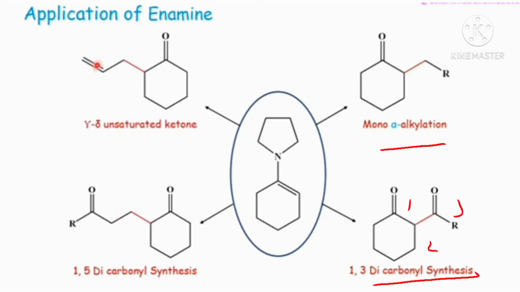Then the 1,5-dicarbonyl synthesis: 1, 2, 3, 4, 5. Then gamma delta unsaturated ketone. Here alpha, beta, gamma, delta. Gamma delta unsaturated ketones. Okay, these are the different applications of enamine. By using enamine, the formation of different types of reactions.